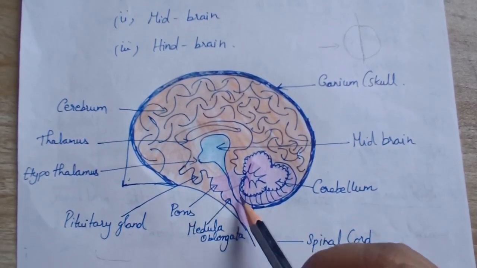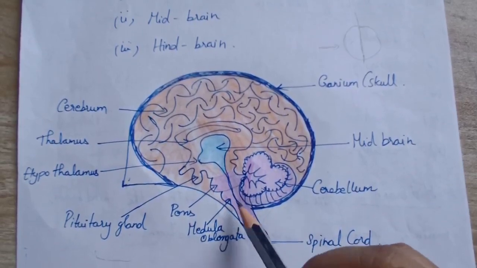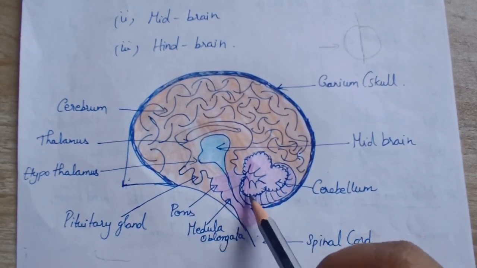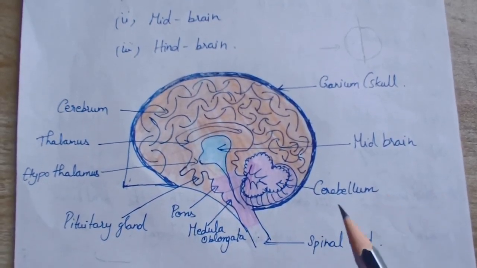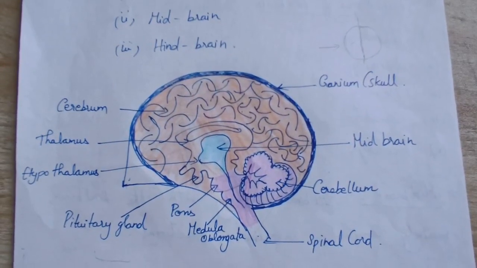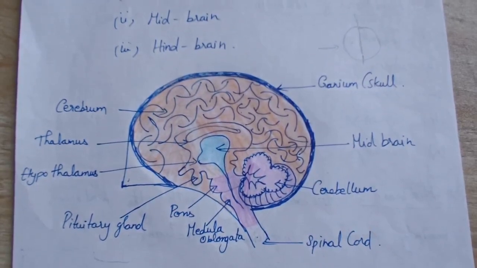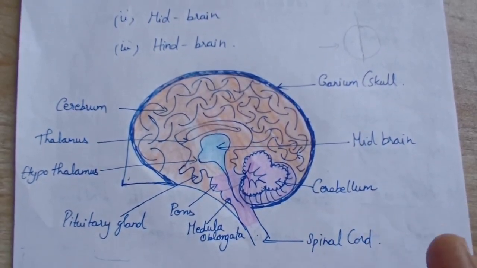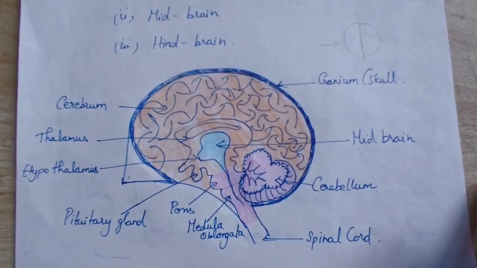This part connected to the spinal cord is called the medulla oblongata. These three are the main parts of the hindbrain. For our syllabus we are going to see only these main parts. We are not going to see them in detail. These are the parts mentioned in our syllabus, so we'll see these parts alone.